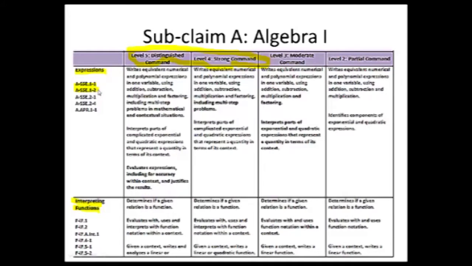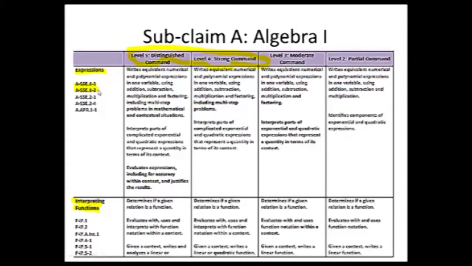Now, let's look at this one specifically for Algebra 1. What you notice is, of course, we would expect expressions and interpreting functions to be a major focus area for Algebra 1. Other major focus areas that are not listed on this page, but you'll want to dig into the document and look for, are rate of change, solving algebraically, and solving graphically.